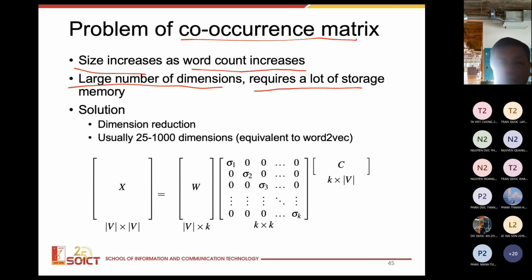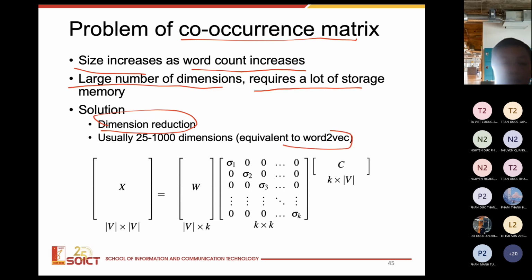So in order to reduce the size of the word vectors built on the co-occurrence matrix, we can use a dimension reduction mechanism. For example, we can use matrix factorization to reduce the size of the matrix to 25 to 1000 dimensions, equivalent to the word vector.